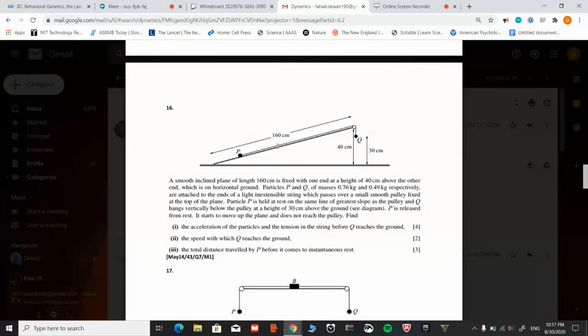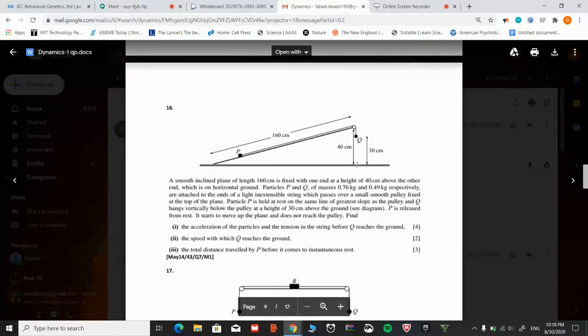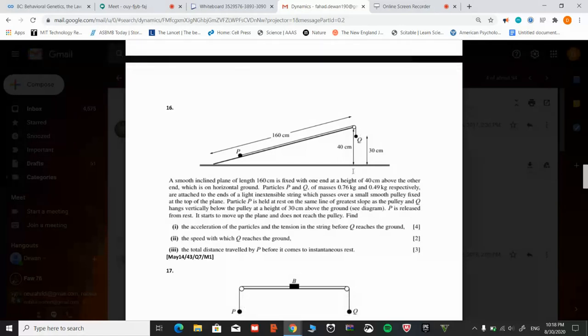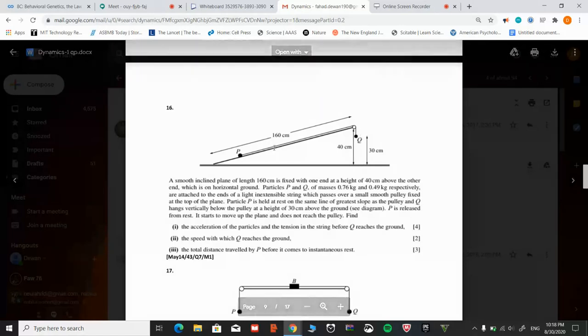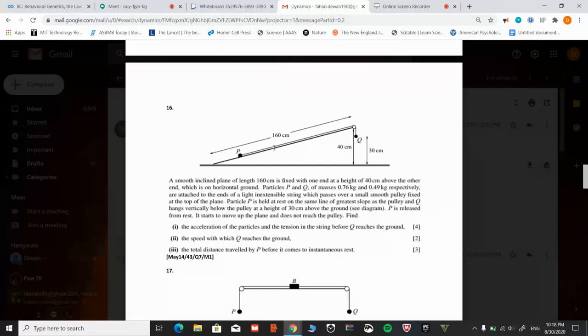But obviously, just like the vertical pulleys, the situation is not going to be that simple. The moment particle Q hits the ground, P will have the same velocity as Q does, and just like gravity played a role in vertical pulleys, particle P will go up some distance on its own and then stop, because that upward velocity of particle P has to be stopped.